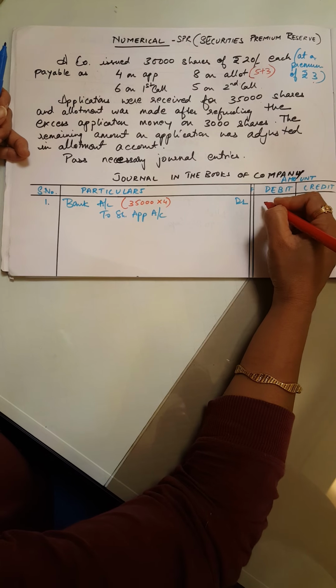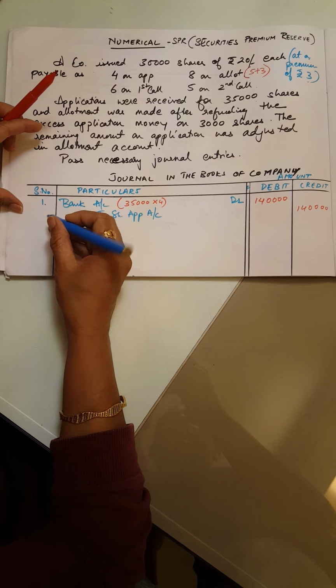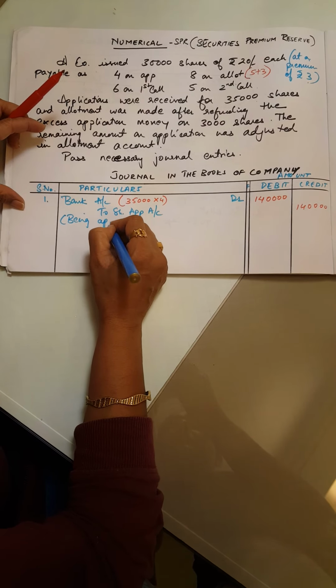That means you will receive a total of 1,40,000. So this is the amount received at the time of application. Your narration will be: application money received on 35,000 shares at rupees 4 each.